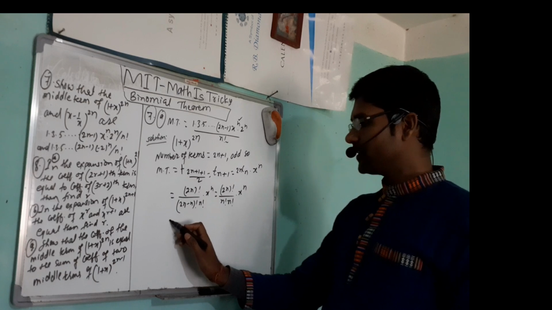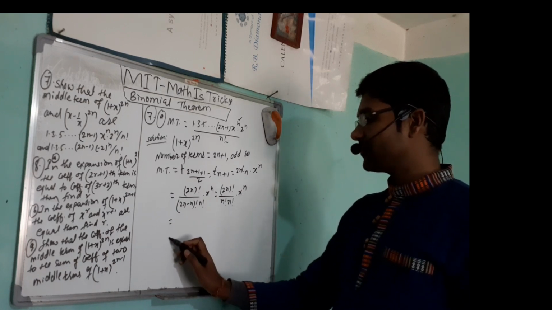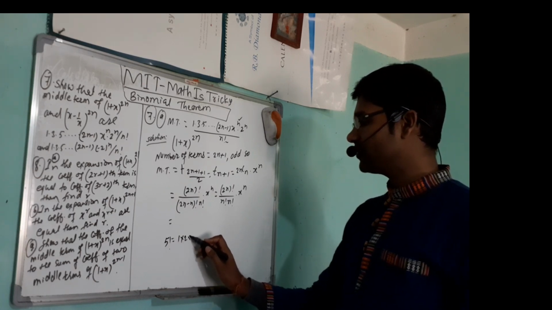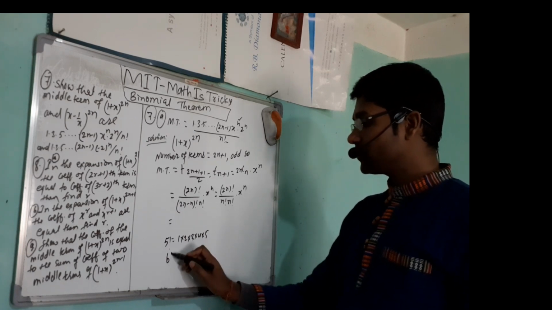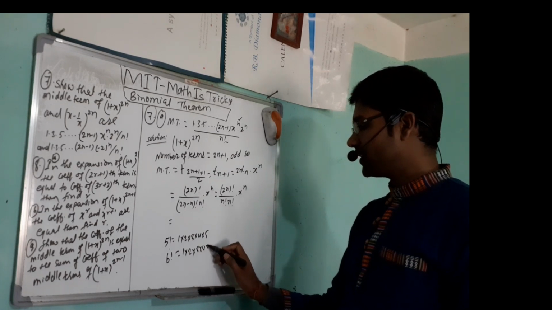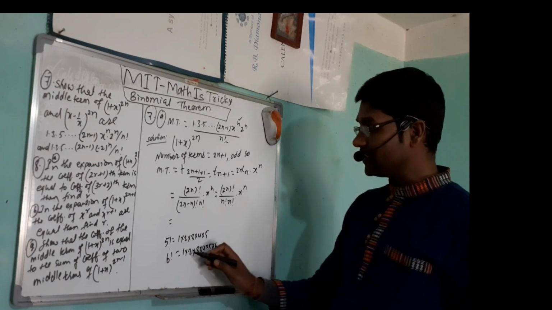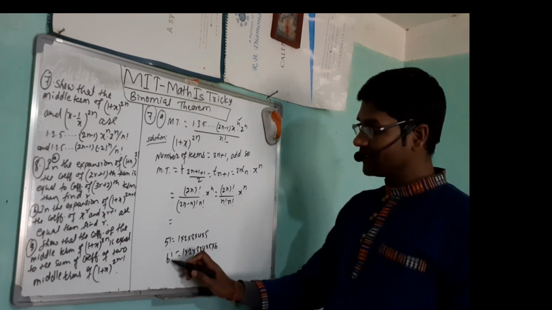For (2n)!, say 5 factorial means 1 into 2 into 3 into 4 into 5. Similarly 6 factorial means 1 into 2 into 3 into 4 into 5 into 6. That means continued multiplication from 1 to 6 if it is 6 factorial, and 1 to 5 if it is 5 factorial.